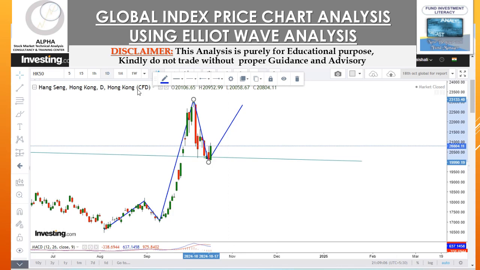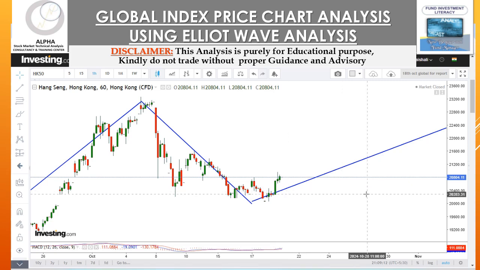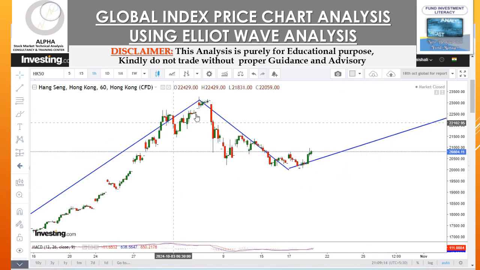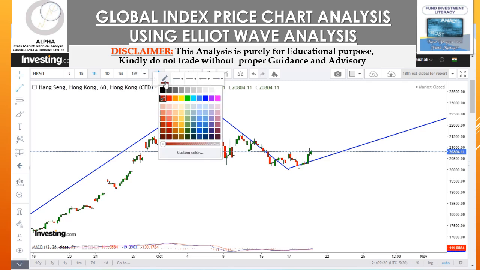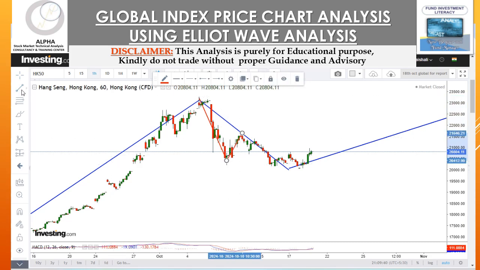So this is also a type of combination pattern in the wave. So if I go in the hourly, I would like to show you that combination which we are seeing in the Indian Nifty index and the Bse index also. You can see here how complicated this is. I'm just going to show you using a trend line here. You can see here that's W, that's X, and that's Y, somewhere here.